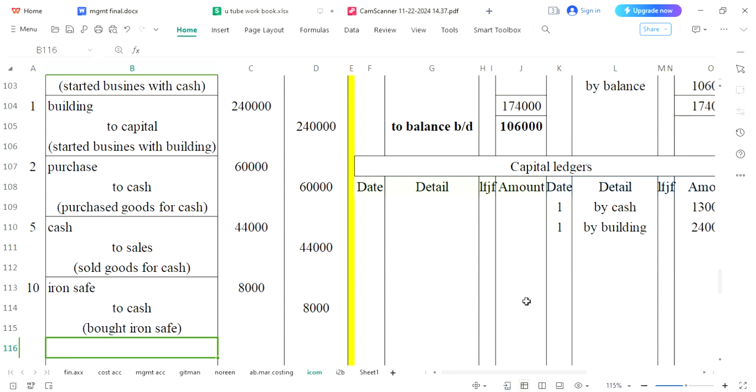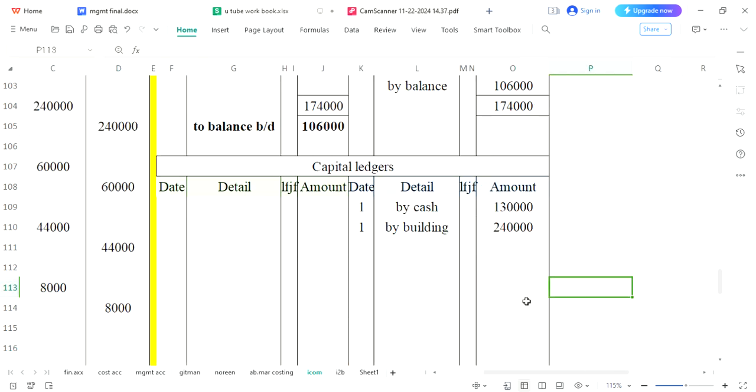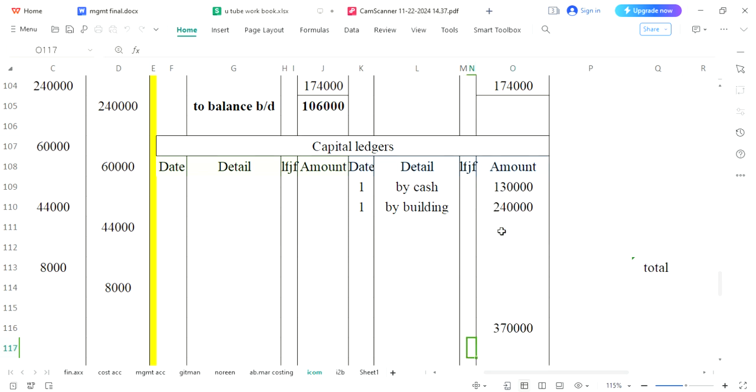Again, it's time to balance, and for balance, what are the steps? I'm hopeful that you remember. First step is to take the total. So first we will take the sum of the credit side where there are two amounts, and there is no amount present on the debit side. Look here, no amount is present. It means total is 0.